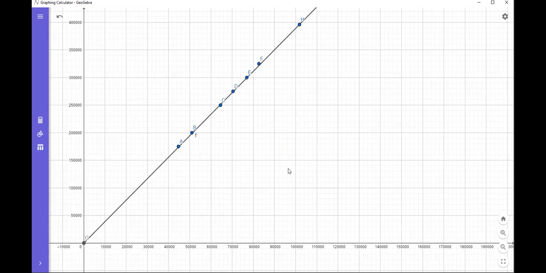Okay. So the graph is labelled, the graph X equals Y graph. So the graph should get the line of best fit, and that's basically the line of best fit.